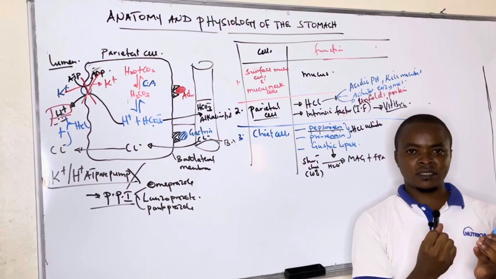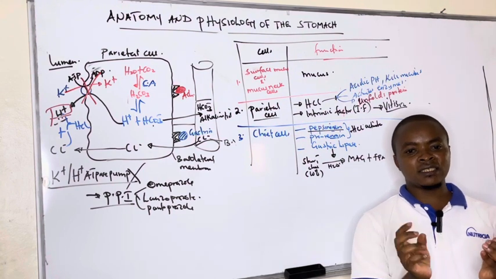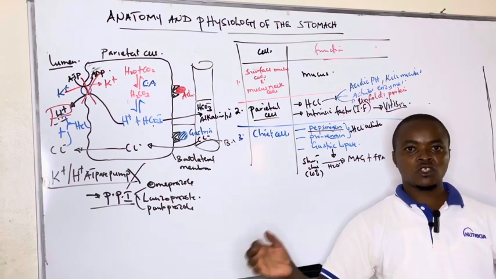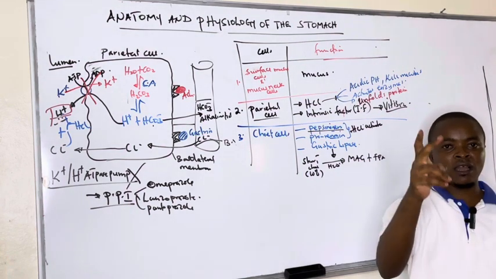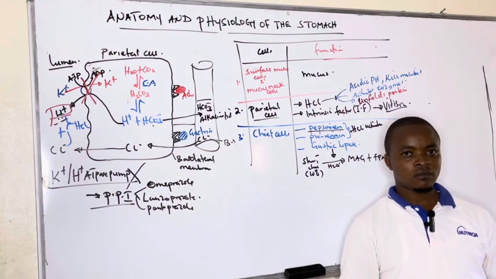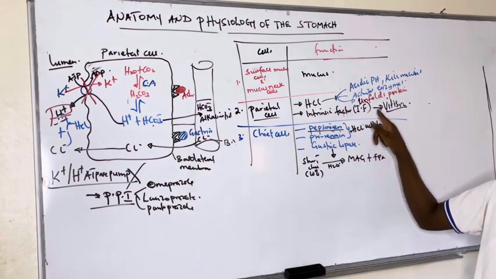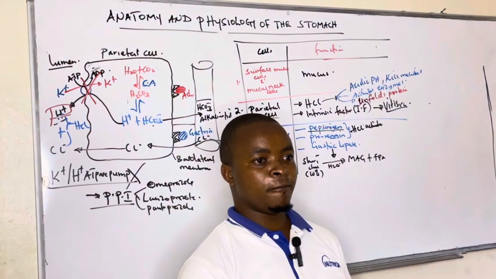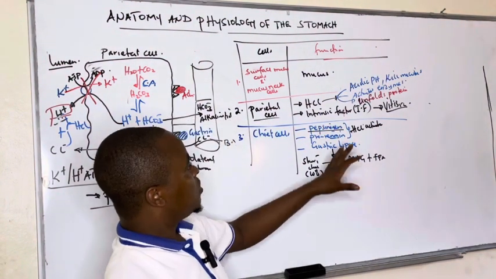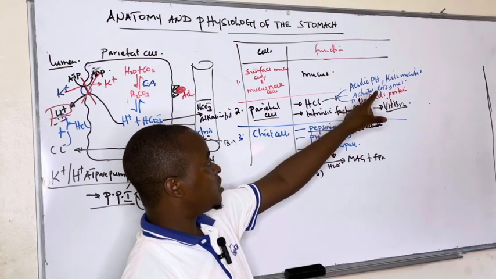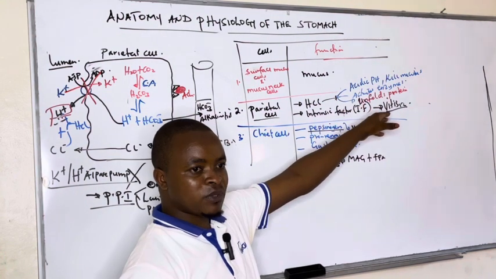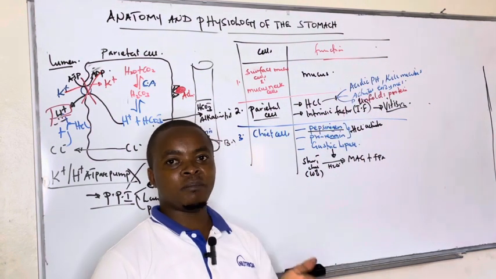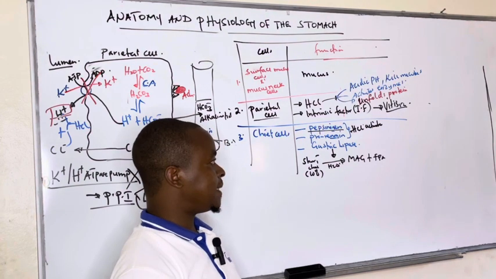So whenever you take a protein, it reaches the stomach, hydrochloric acid denatures it by unfolding to expose the peptide bonds, so that when pepsin comes, it can easily start breaking the peptide bonds. So those are the four functions: providing acidic pH, killing the microbes, activating the pepsin and prorenin, then unfolding the proteins to expose peptide bonds for easy hydrolysis.